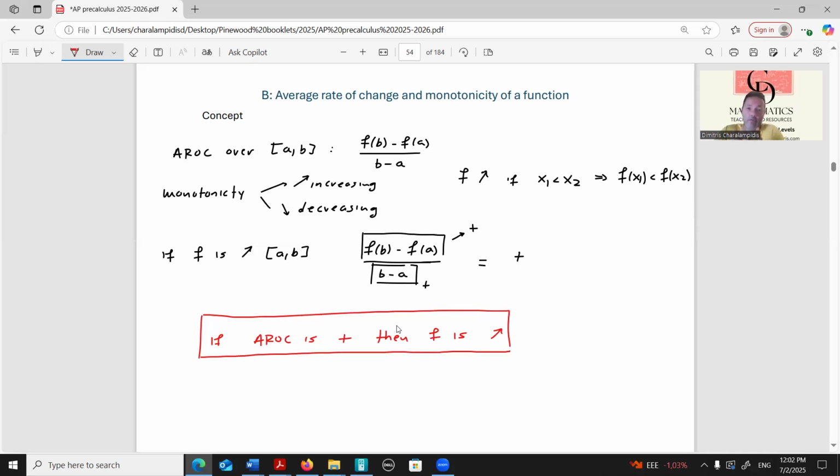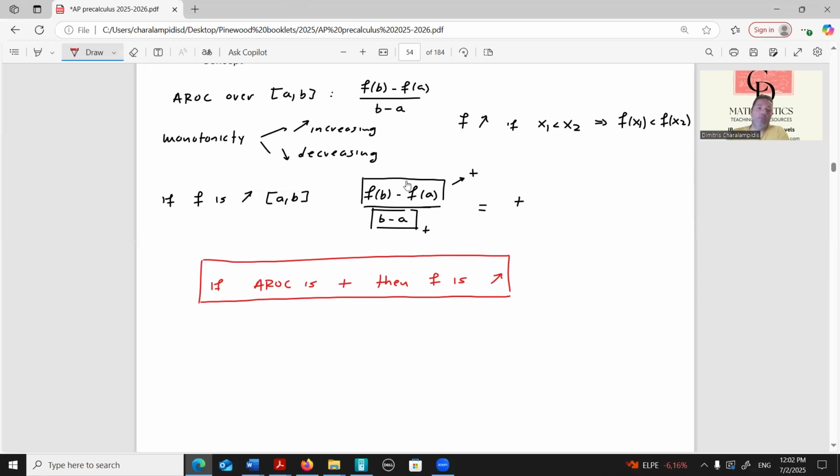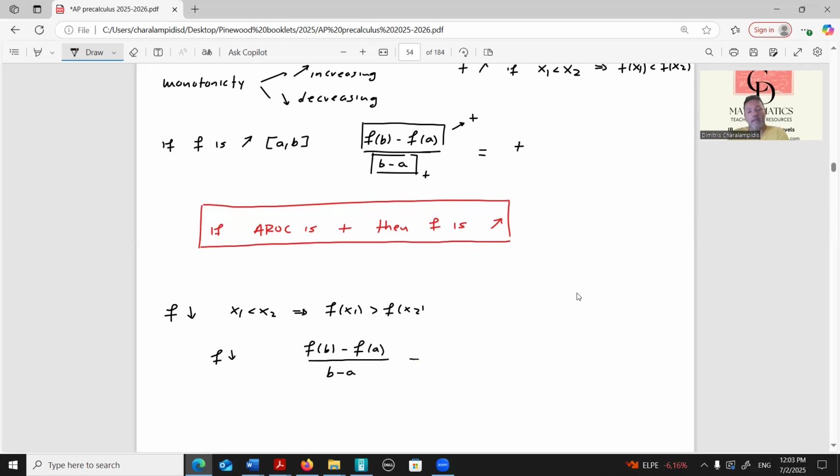But if you follow the same concept for decreasing monotonicity, we said that if f decreases, then when x1 is less than x2, f(x1) would be greater than f(x2). In that case, where f is decreasing, following the average rate of change in that interval, b minus a is still positive, but f(b) minus f(a) would be negative.